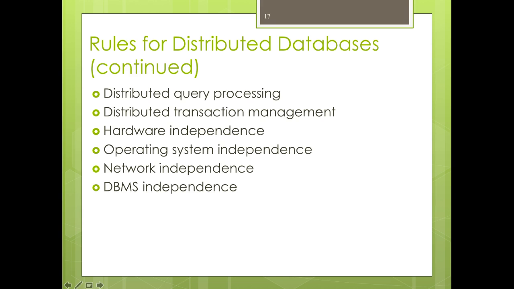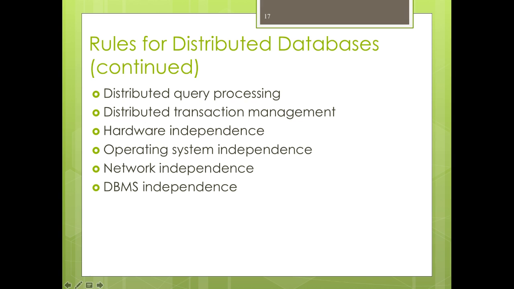We need to make sure that whatever system we're using supports distributed query processing, which means that it has to be able to handle servers being at multiple locations. It also has to have what's called distributed transaction management, which means that the system has to support the ability to maintain these transactions and ensure that each transaction does not overwrite changes made by a previous transaction in another location.